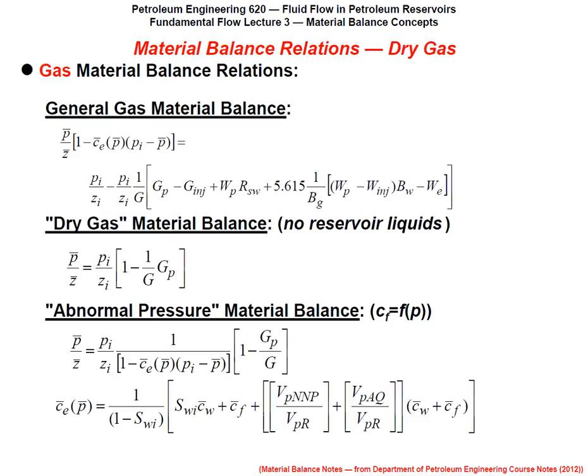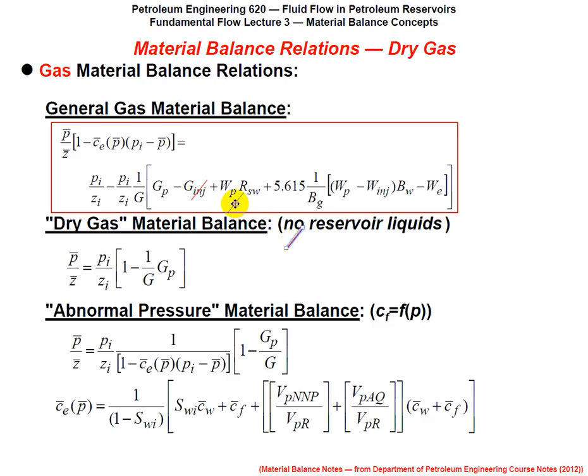For gas, there's a little bit different rendering. I've gone ahead and shown the general material balance equation here. When you start knocking things off that you don't like: there's no gas injection, there's no water production, not that you would do this, but there's no water injection, and of course there's no water influx.